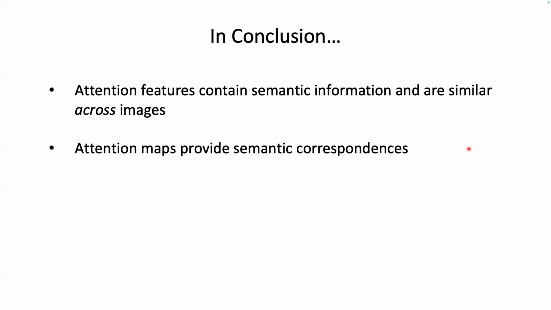The second point is that attention maps provide semantic correspondences basically for free. I've shown you some applications, but I think there is still a lot of room to think about more applications which can use this property.